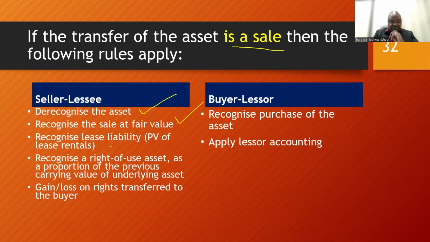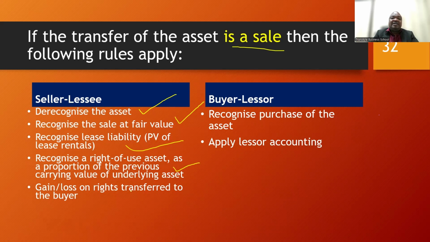Recognize a lease liability because he's now leasing back, which is the present value of lease rentals. It's normal, isn't it? Recognize a right of use asset as a proportion of the previous carrying value of the underlying asset.